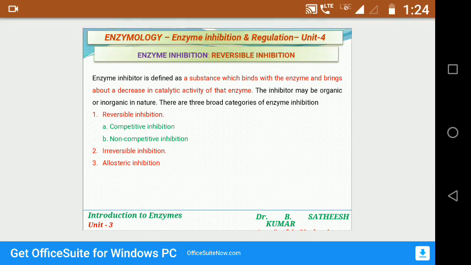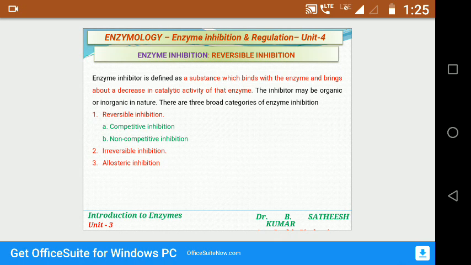In the last class, we discussed inhibition of enzymes. Enzyme inhibition is broadly divided into three categories: reversible inhibition, irreversible inhibition, and allosteric inhibition. In the previous video lesson, we discussed reversible inhibition.